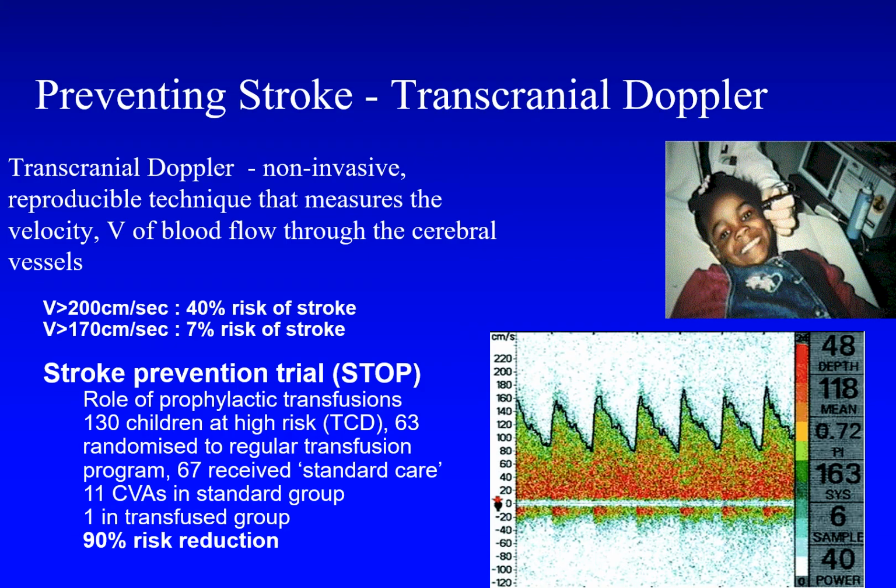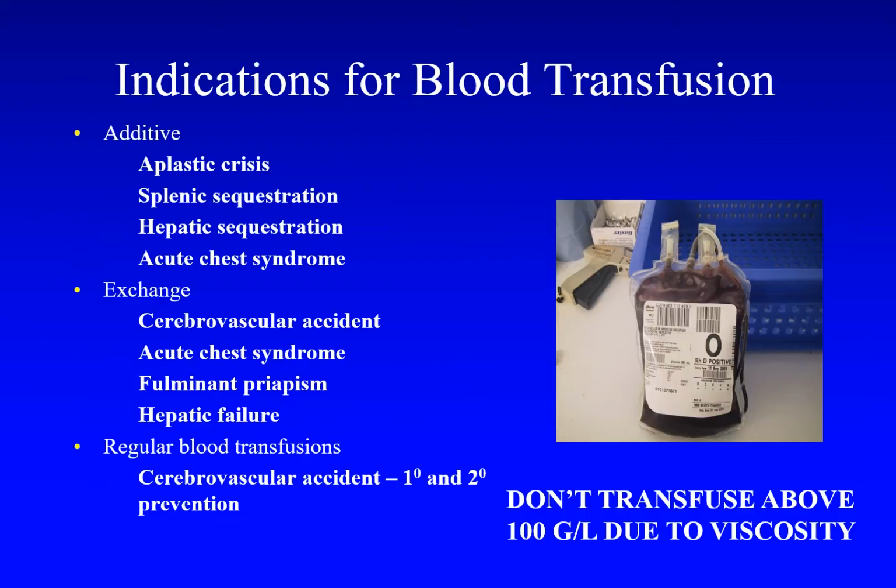This is a non-invasive technique where we look through the temporal bone, and various trials have shown that if these patients who have high velocities, which is an indication of stenosis, go on to receive transfusions, then that will reduce their risk of stroke, because just bringing the sickle percentage down will allow for that stenosis to improve, and therefore the Doppler velocities to improve, and that risk of stroke hopefully will be removed.